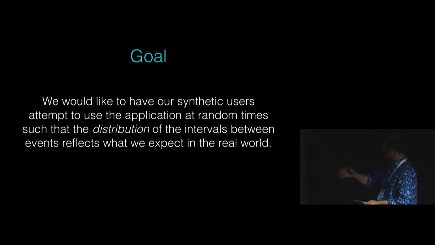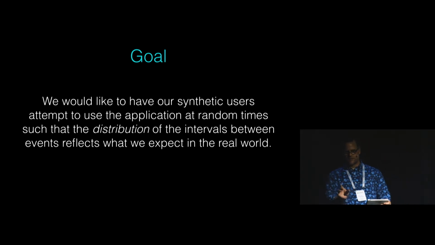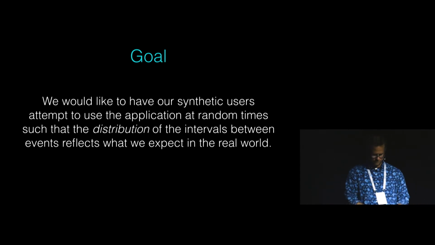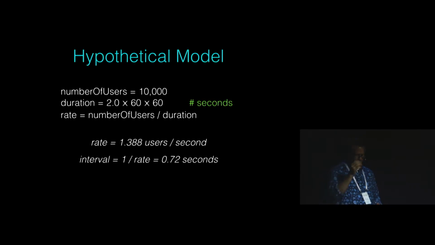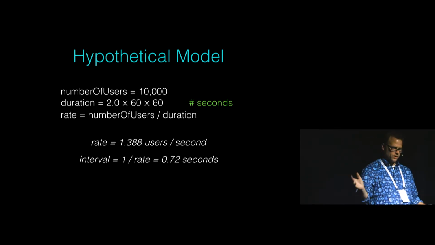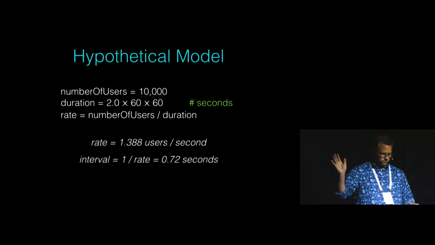So again, we want a distribution of these intervals between when a user comes in. It's a completely random interval value, but we want on average that interval to be some value that we understand. So here's a hypothetical model. We have 10,000 users, and we want to run this simulation over 2 hours.